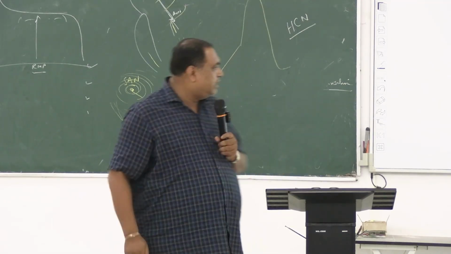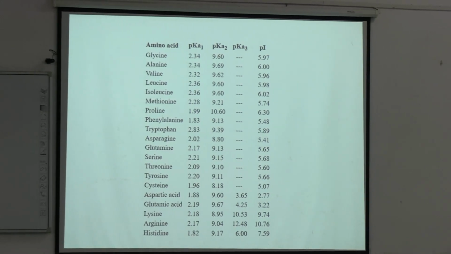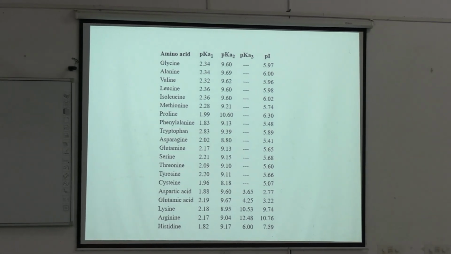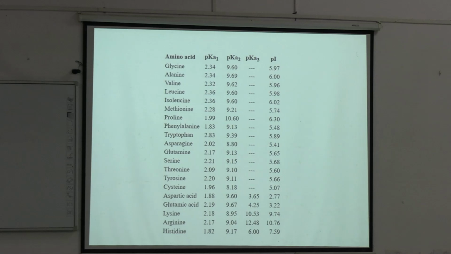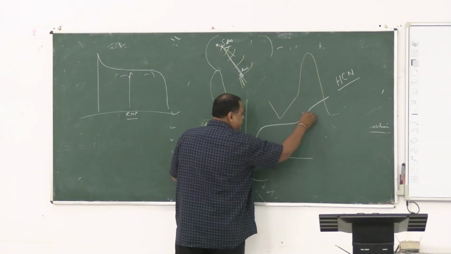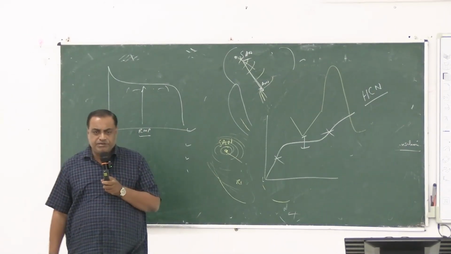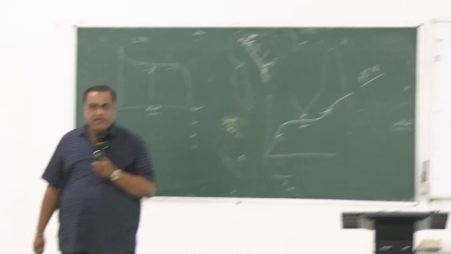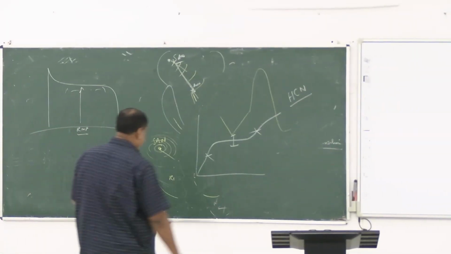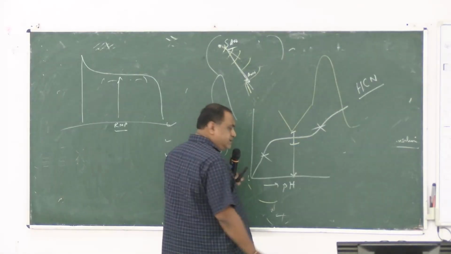Like that you continue and you get a graph like this. Okay? So this is the midpoint of pK1, this is the midpoint of pK2, and this is the midpoint of these two, called pI. Okay? So at this pH, it is in zwitterion form.